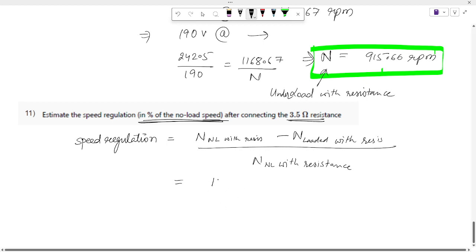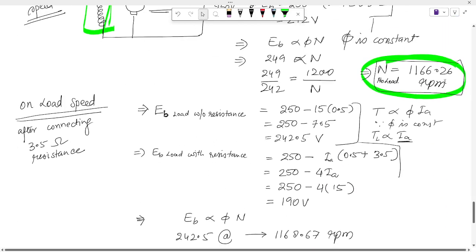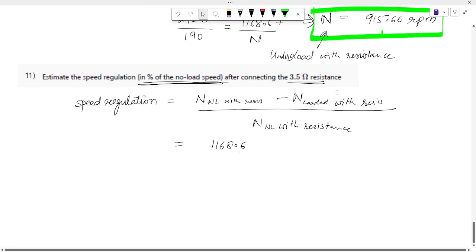So this is 1166.26 minus 915.66 upon 1166.26.